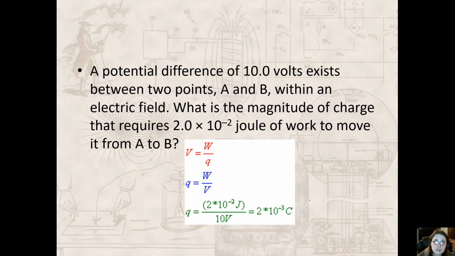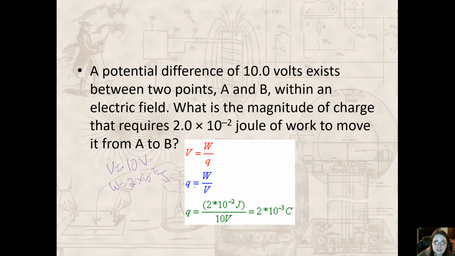It says a potential difference of 10 volts exists between 2 points, A and B, within an electric field. What is the magnitude of charge that requires 2 times 10 to the minus 2 joules of work to move it from A to B? So we know that V is equal to 10 volts, and the work is equal to 2 times 10 to the minus 2 joules.